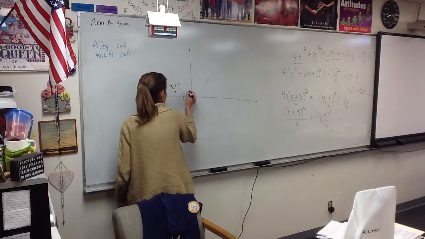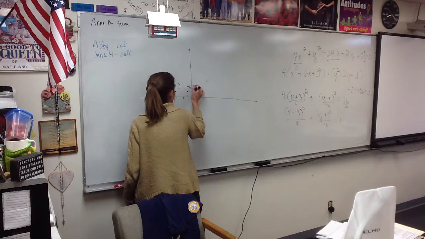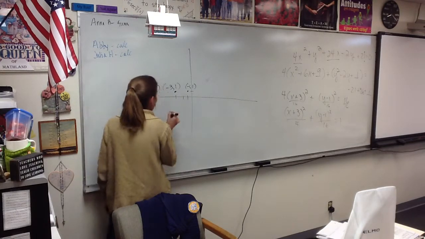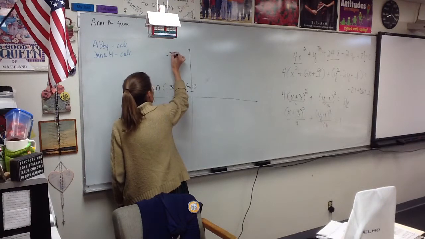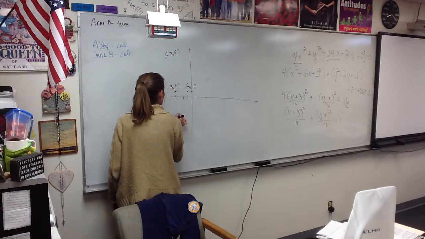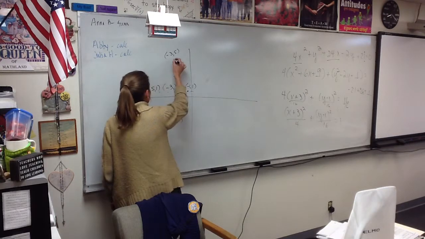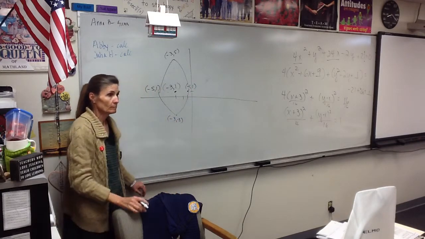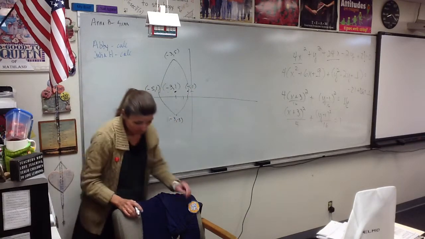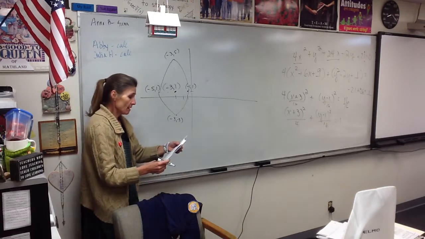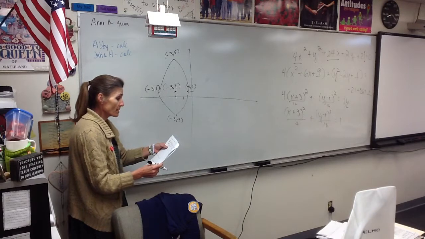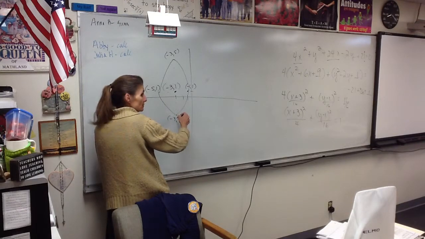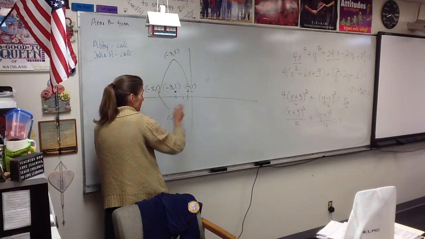Count sideways. 2, so negative 1, 1, and negative 5, 1. And then count up and down. So negative 3, 5, and negative 3, negative 3. Everybody still okay? It says I need my major and minor axis length. Okay, how long is my major axis? 8. And my minor is 4.